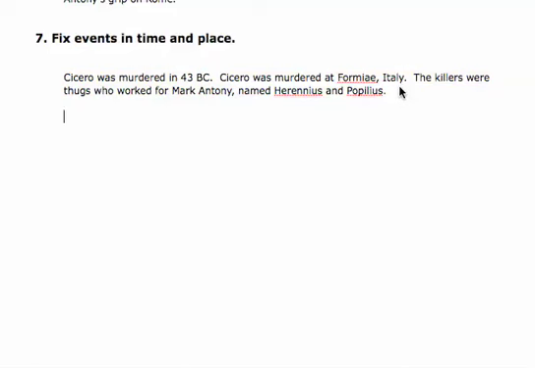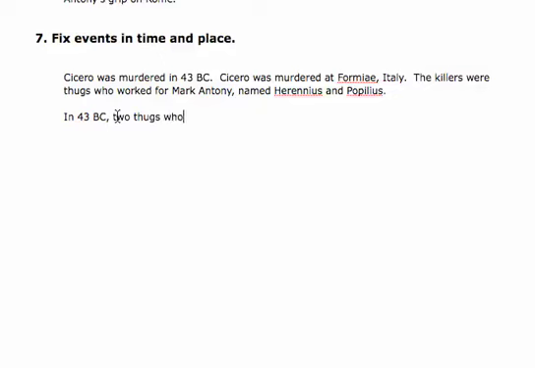Let's start by fixing the event in place and time, as our rule on this particular occasion suggests. In 43 BC, and then what we're going to do is look at the two people, because we want to write in the active voice rather than using "was murdered" or "the killers were thugs."